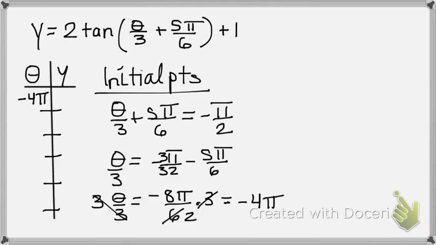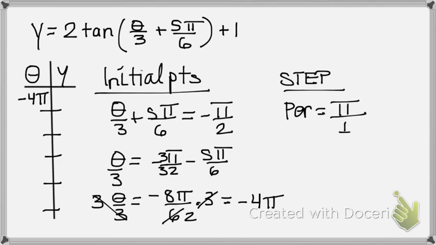And then for the step, we are going to need the period. The period of tangent and cotangent is pi over the leading coefficient. For everything else, the period is 2 pi. That's for sine, cosine, secant, and cosecant.